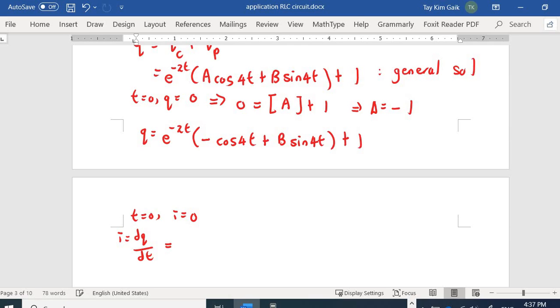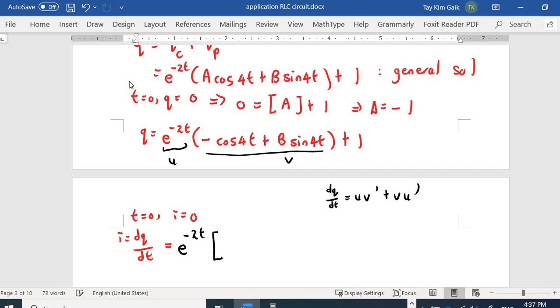Again, you need to use the product rule to differentiate. This is U, this is V. So dq/dt equals U V prime plus V U prime. U is e^(-2t).